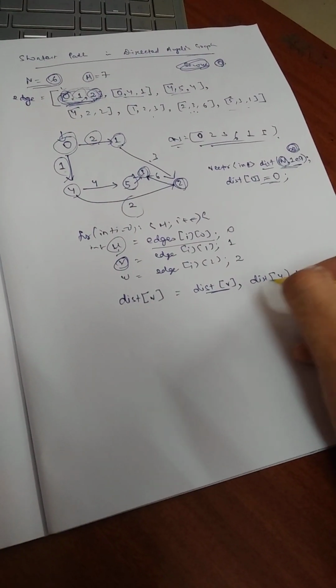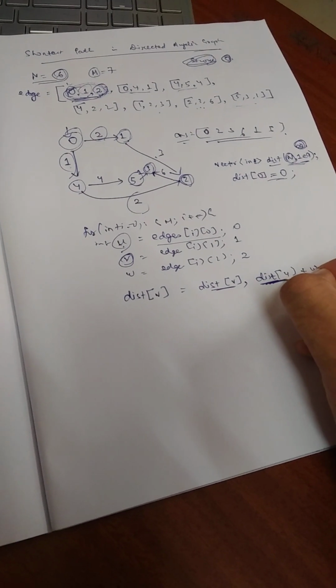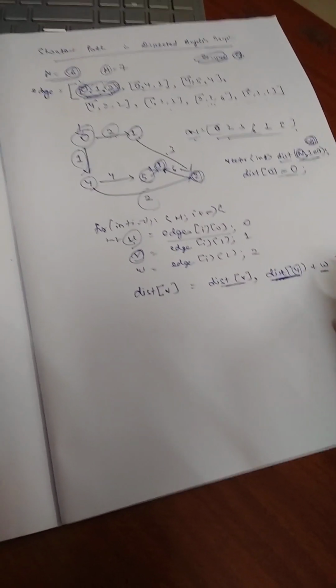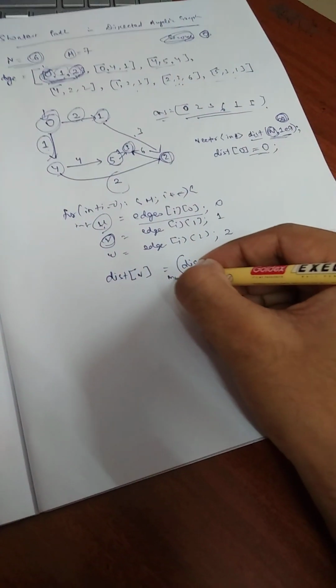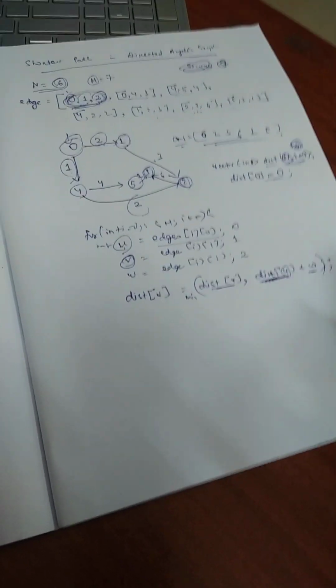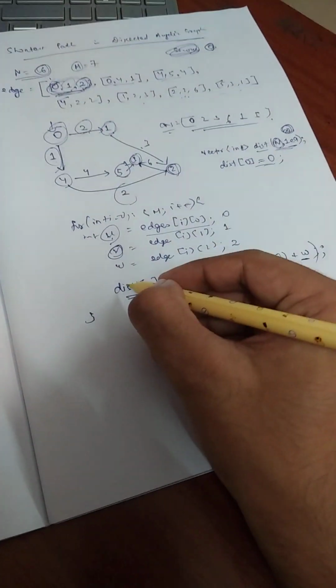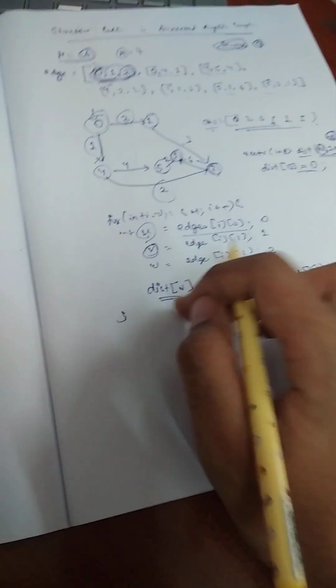So the cost which it needs to travel till node u, plus the weight, we're adding together, and we're checking whichever is min among these two, and storing it back in v. So if ever we find a smaller path, we store it back in v.